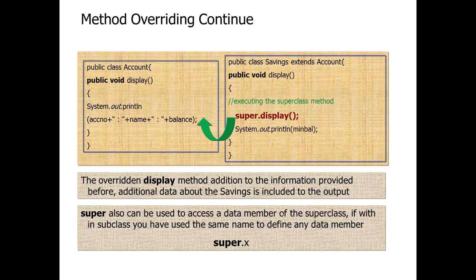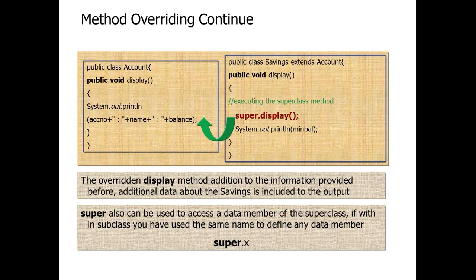In the overridden display method, in addition to the information provided before, additional data about savings is included in the output.